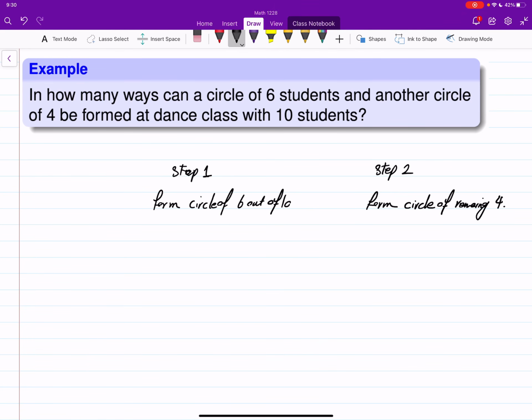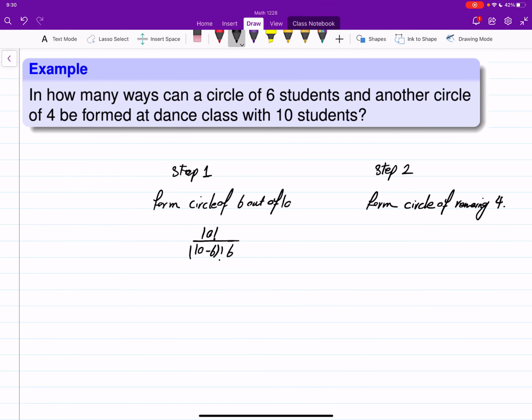For the first step, we have 10 factorial divided by 10 minus 6 factorial. This is the number of linear ones, but since we are on the circle, we have to divide it by the number of objects on the circle. For step 2, there are 4 objects, and we want to put them on a circle.